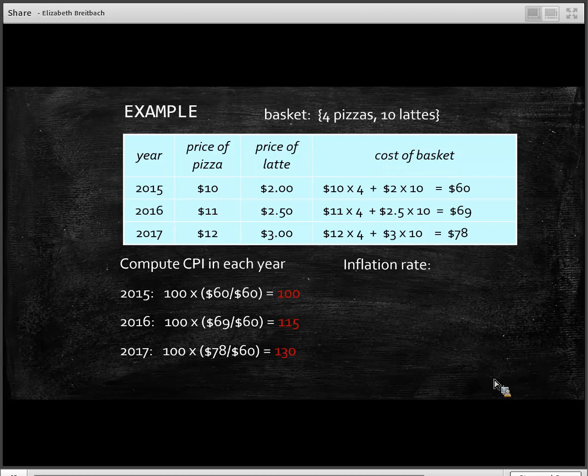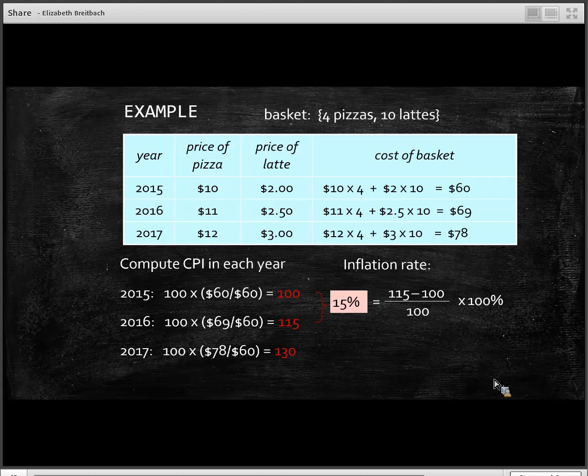And so what we're looking at here when we compare 2016 to 2015, the CPI this year was 115. Subtract out the CPI last year, divide it by CPI last year. So we have 115 minus 100, divided by 100.